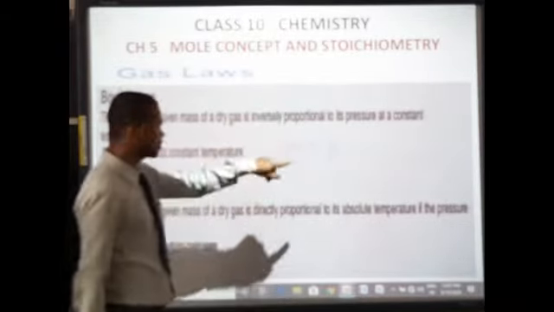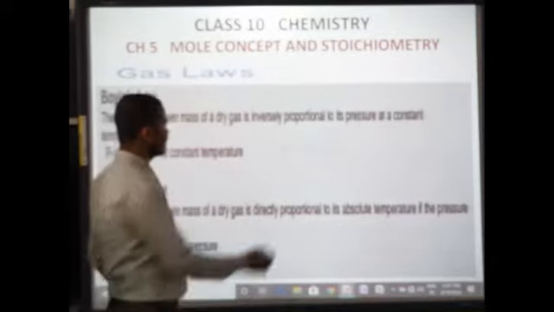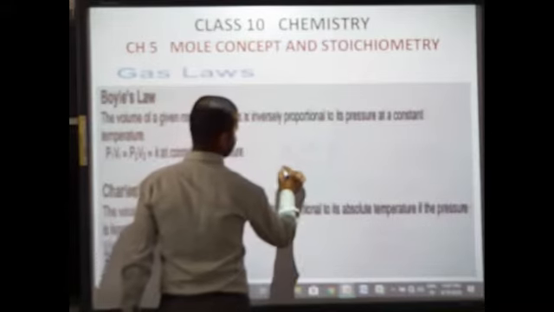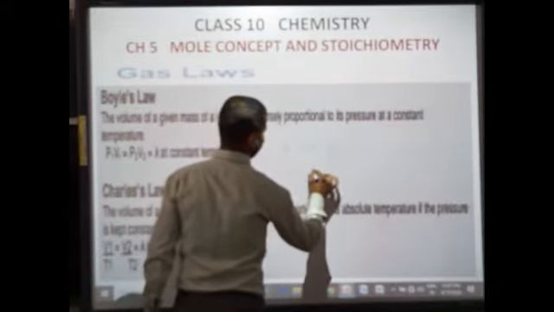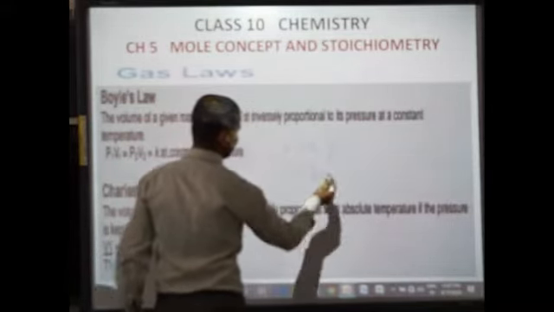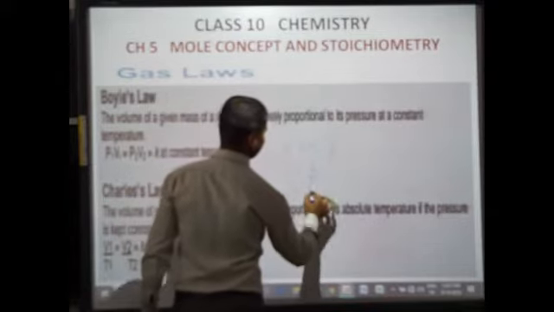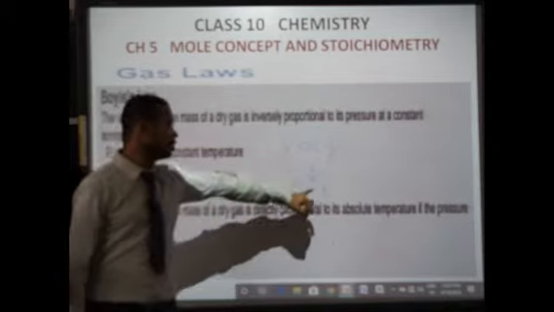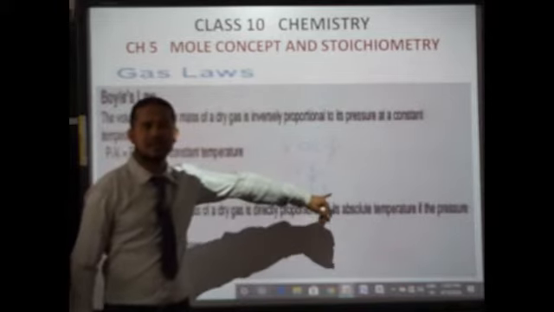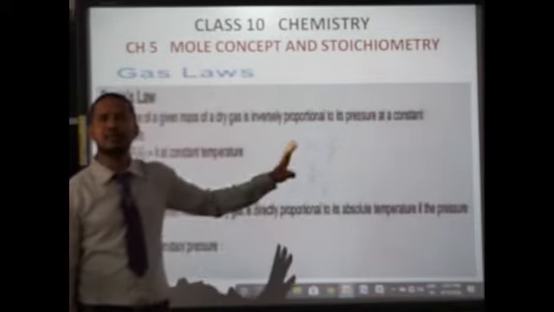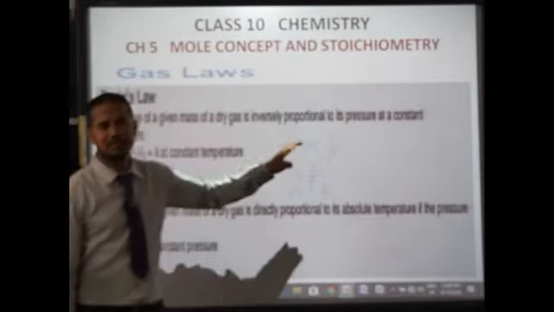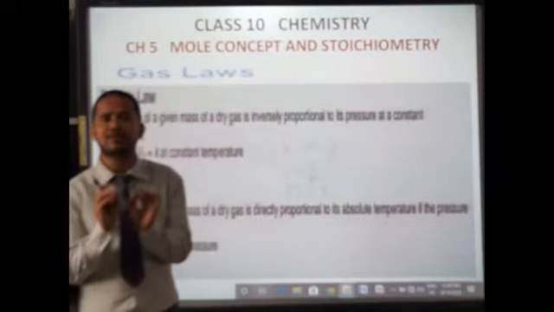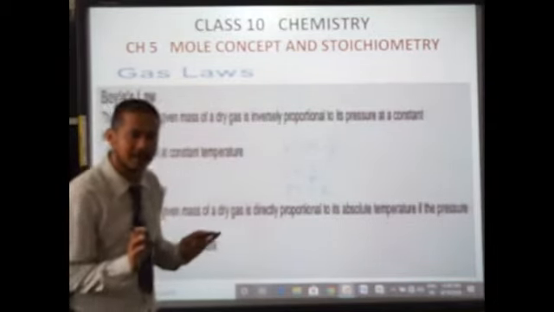If we put a constant for this proportionality sign, then it will be V equals K by P. Then we can write PV is equal to K. That means the product of pressure and volume is always constant. The mathematical proof for this we have already done in class 9, so this is just a quick revision.